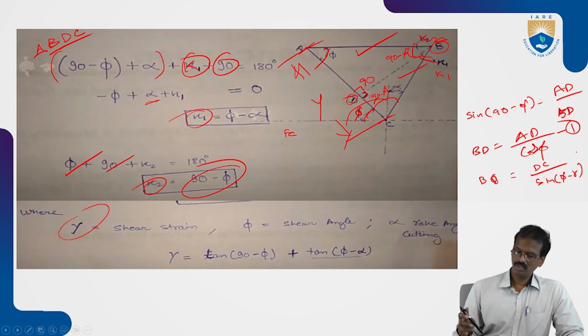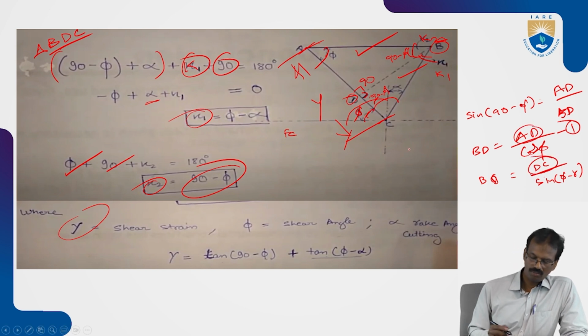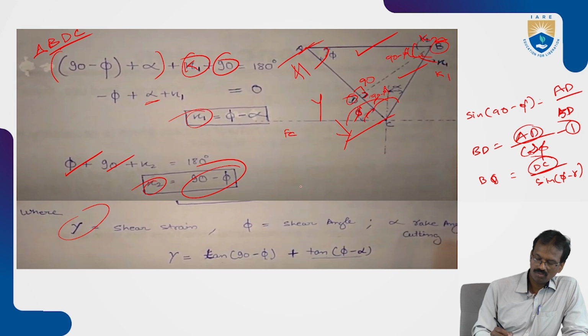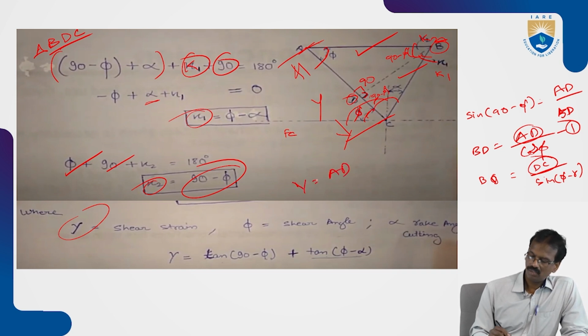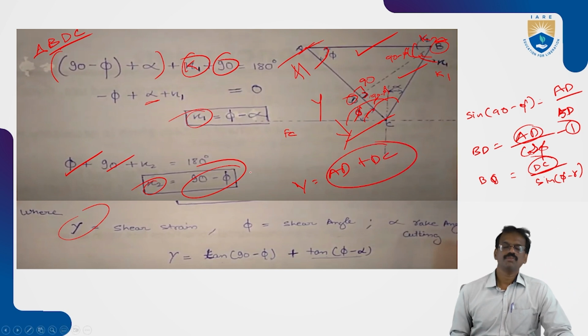Alpha or gamma. So if you equate these, you have to find out the AD and BC values. Then the final value y is equal to the AD value and DC value. By using this, you can find out the y value.